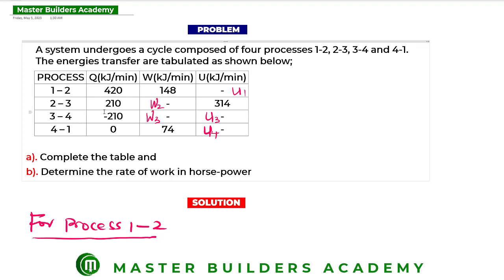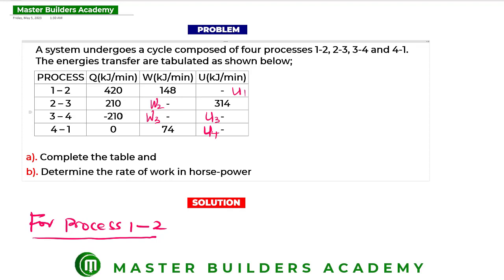Then the next thing we're going to do is come to process 3. One of the problems we'll have with process 3 is that we only have one known value and two unknowns. Remember, mathematically, it is not possible to find two unknowns from one equation. But if we come to process 4, we'll find that we have two knowns and one unknown.